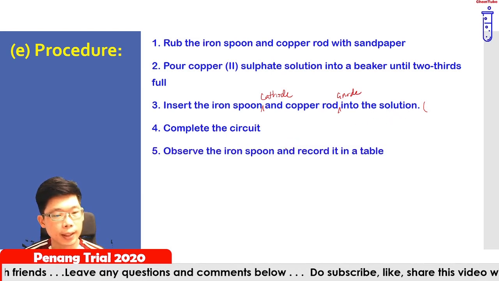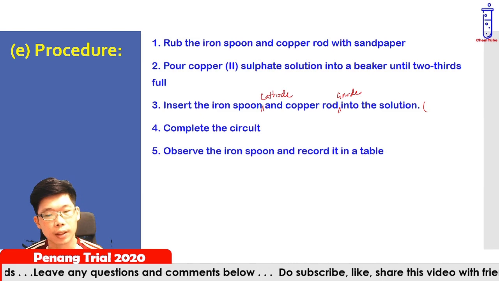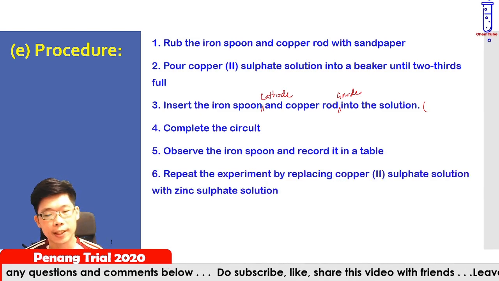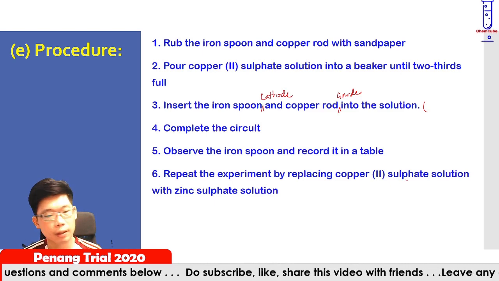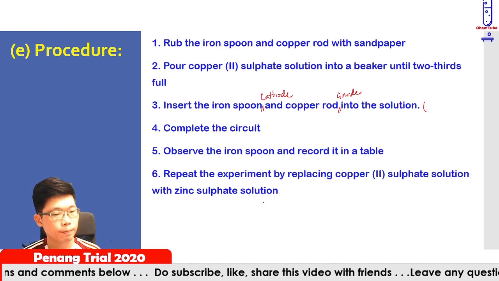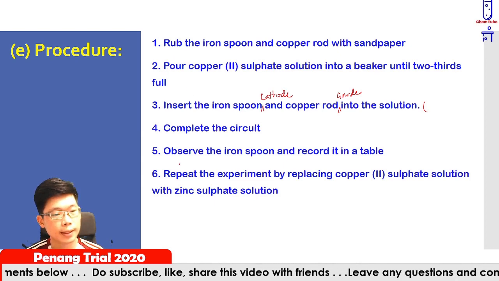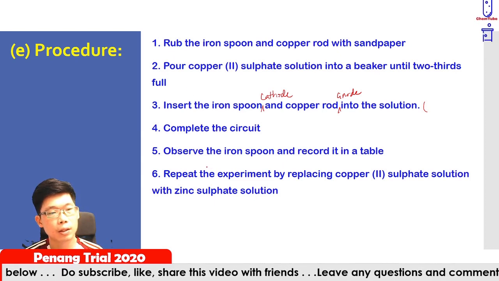Then complete the circuit, observe the iron spoon and record it in the table. Then repeat the experiment by replacing the copper 2 sulfate solution with zinc sulfate solution. So there are 6 steps to get score 3.